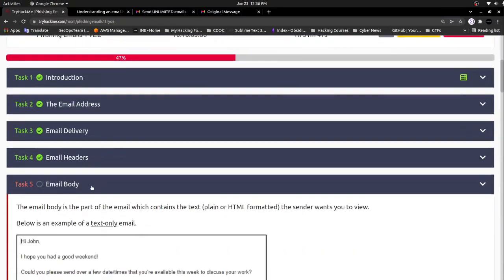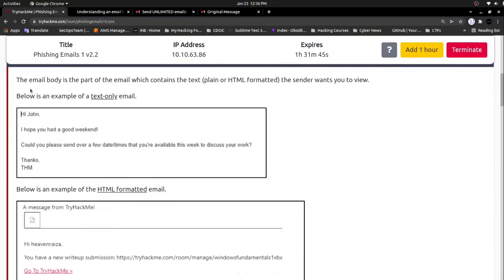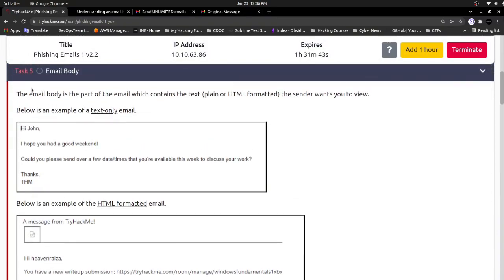Actually, the reply to, we can also call it the return path. So I think that must be the answer here. Return path. Yeah, that is the correct answer.